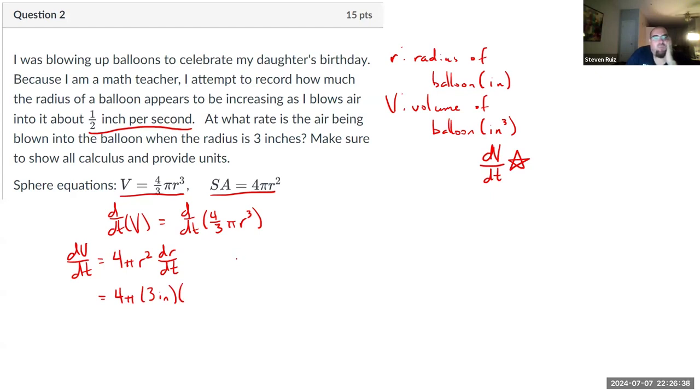Yeah, so it's about 1/2 inch per second. Evaluating this should give me a value of dV/dt. So 4 times 3, 12 times a half, 6. This comes out to be 6 pi.